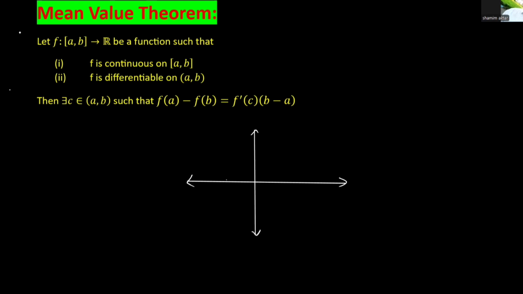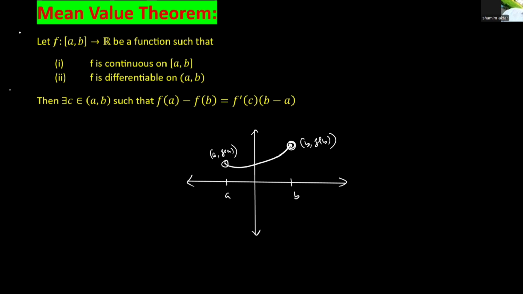Suppose my points are A here and B here, and this point is (A, f(A)) and this point is (B, f(B)). And the graph of the function is this. This is also called the curve of the function.